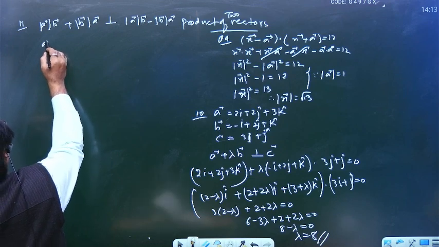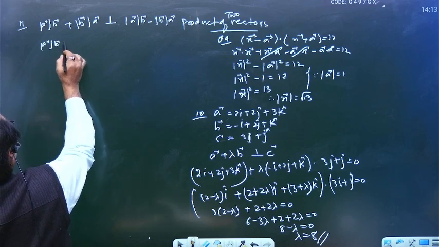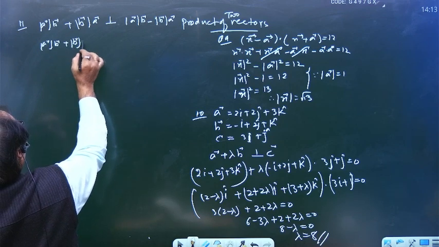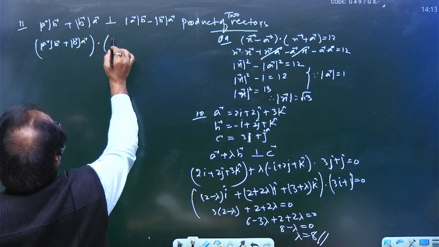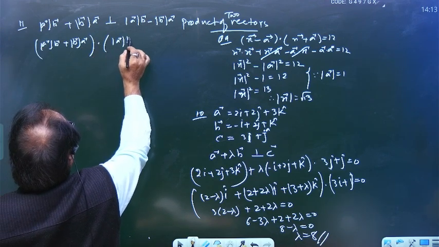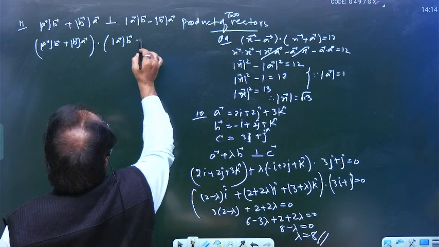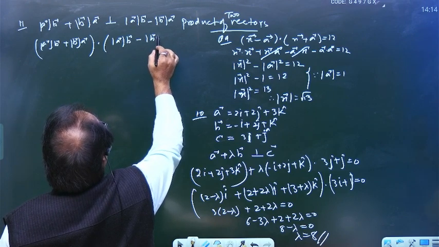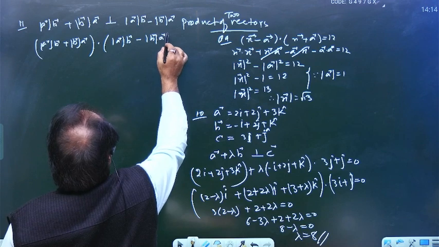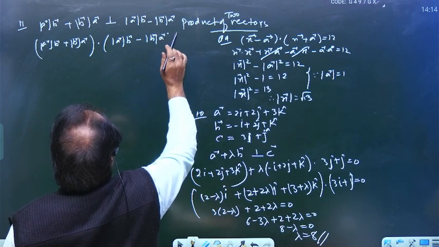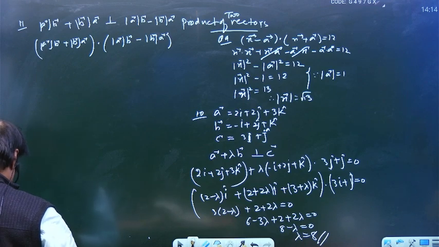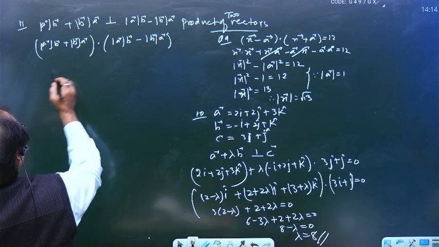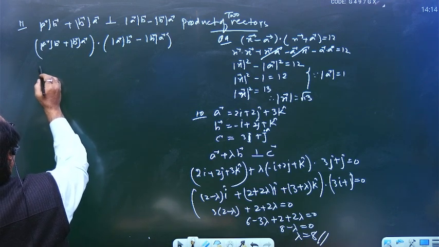So it means (magnitude of A into B plus magnitude of B into A), dot (magnitude of A into B minus magnitude of B into A) should be equal to 0. So find out. This can be written by applying the dot product.